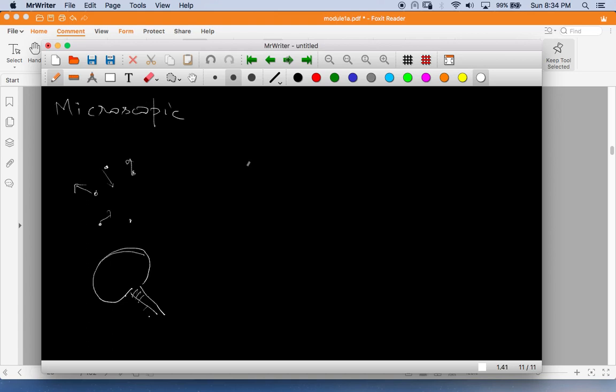There's an in-between thing, where what you observe is a collection of particles. So the lens, I would draw a little smaller. There's a large lens, large magnifying power. Here is a smaller lens.